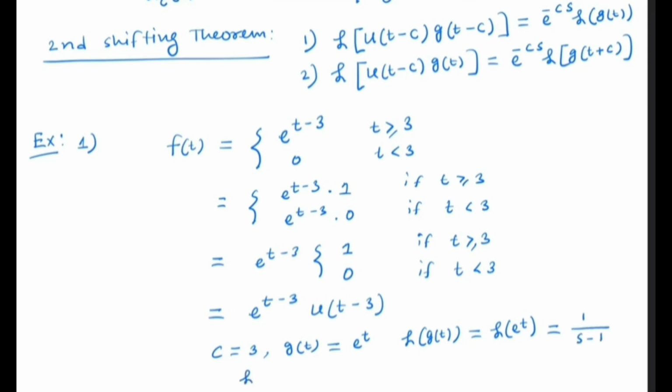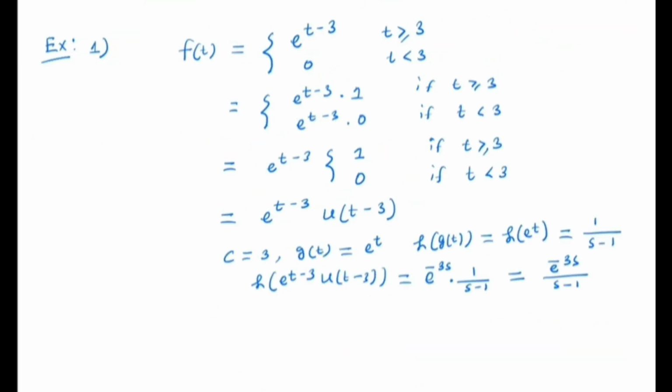So the Laplace transformation of e power t minus 3 times u of t minus 3 is, since c is 3, e power minus 3s into L of g of t, which is 1 by s minus 1. So it is e power minus 3s by s minus 1.